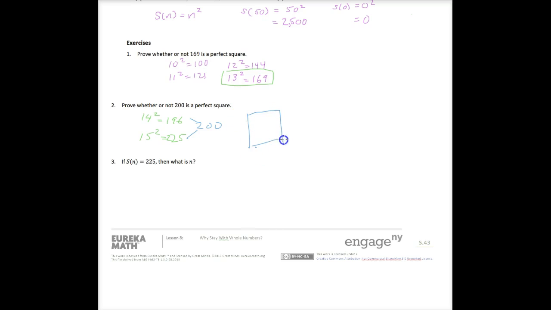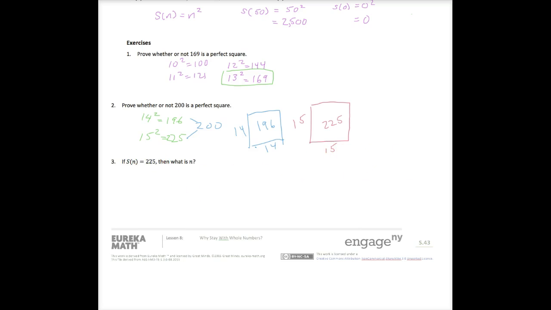We could get 14 by 14, and that would give us 196, or we could get a little bigger and get 15 by 15. But as you can see, there's no number in between 14 and 15, so we can't get a number evenly distributed.